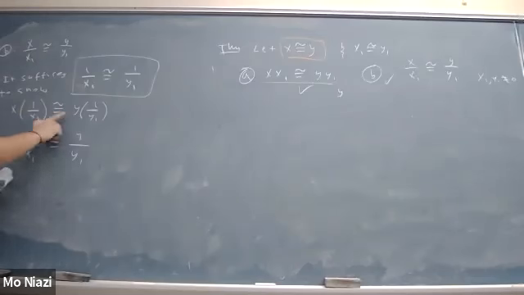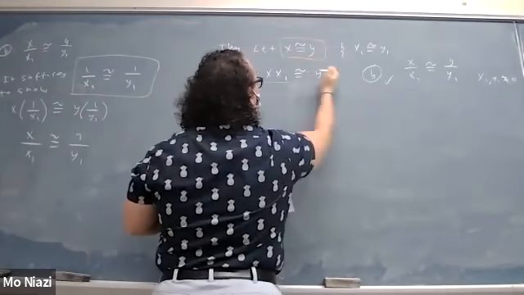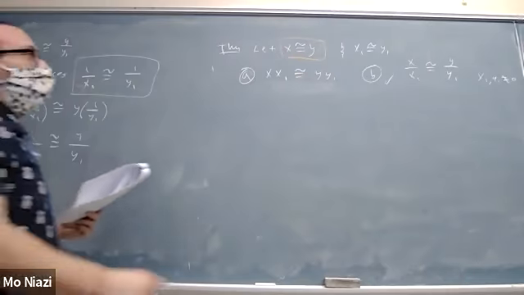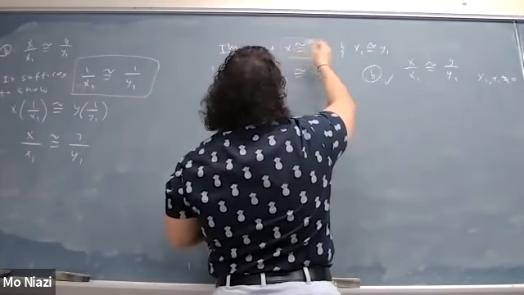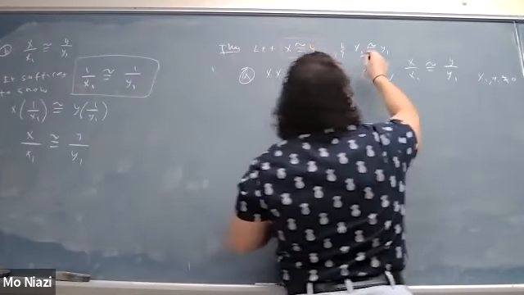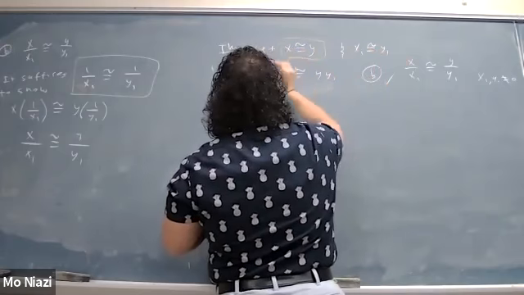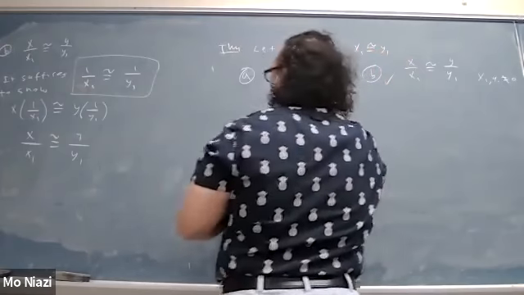This being true because this is true. Because if you assume this is approximate to this, and this is approximate to this, then the product of what was on the left-hand side together and the product of what was on the right-hand side together, they should be approximate.